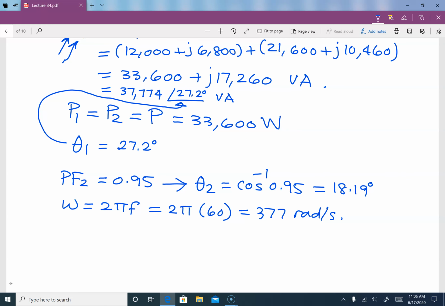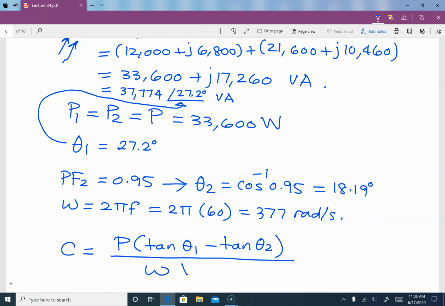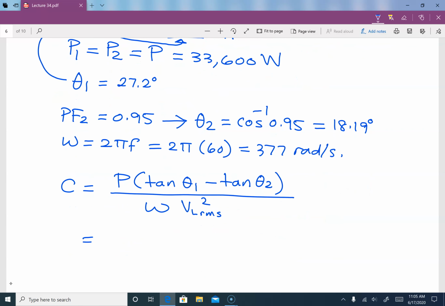So now our C is equal to P times tangent theta 1 minus tangent theta 2 divided by omega VL RMS squared, and that is equal to 33,600, which is the real part of the combined complex power, times tangent theta 1, which is 27.2, the angle of the combined load, minus tangent theta 2, which is 18.19.